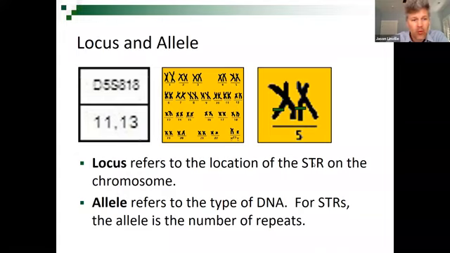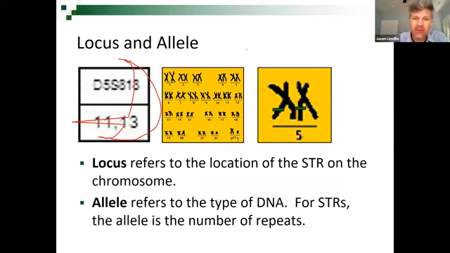Okay, so the terminology here, like if we look at D5S818, that little thing that is up there, where's my mouse go? If we look right here, and this is my DNA, then how we would say this is, for Jason Linville at D5S818, the locus, Jason Linville is an 11 and 13.